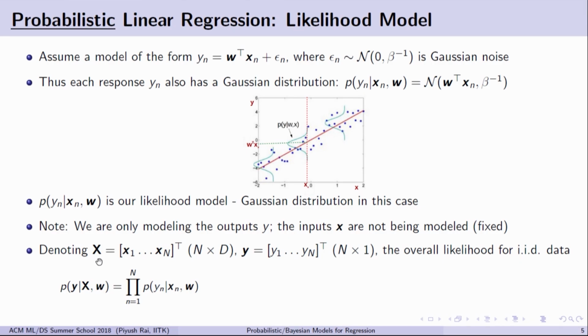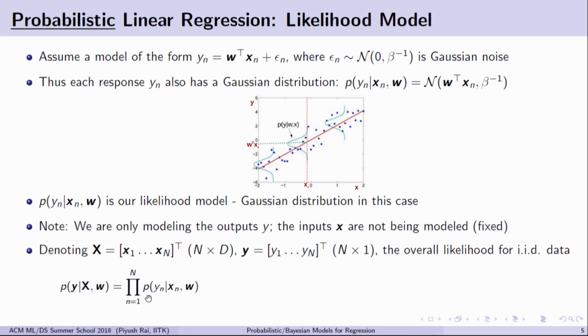If we define the notation like this, then the overall likelihood of our model for the n observations will be a product of the likelihoods of the individual observations. Recall that this is similar to how we defined likelihood in the previous Gaussian mean estimation case, where since we had the data as IID, the overall likelihood is just a product of the individual likelihoods. We have n observations, so we have n likelihoods all multiplied together.